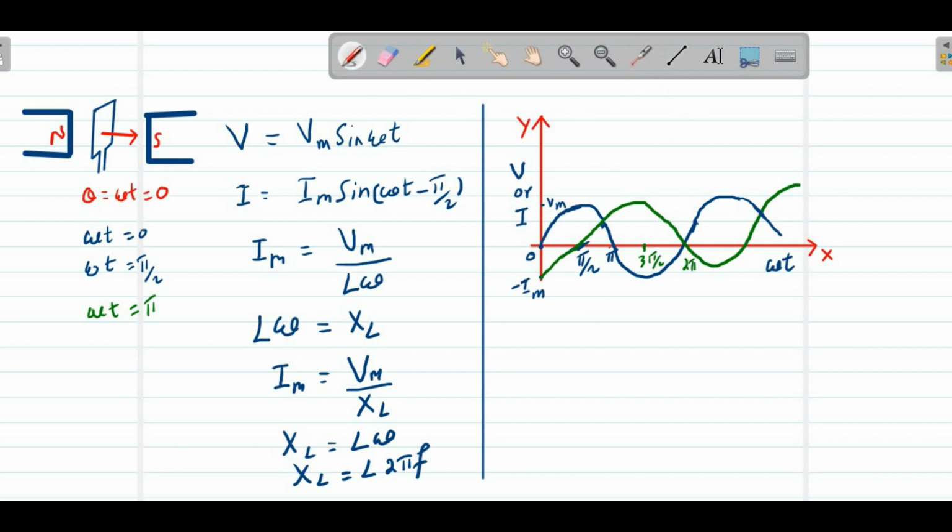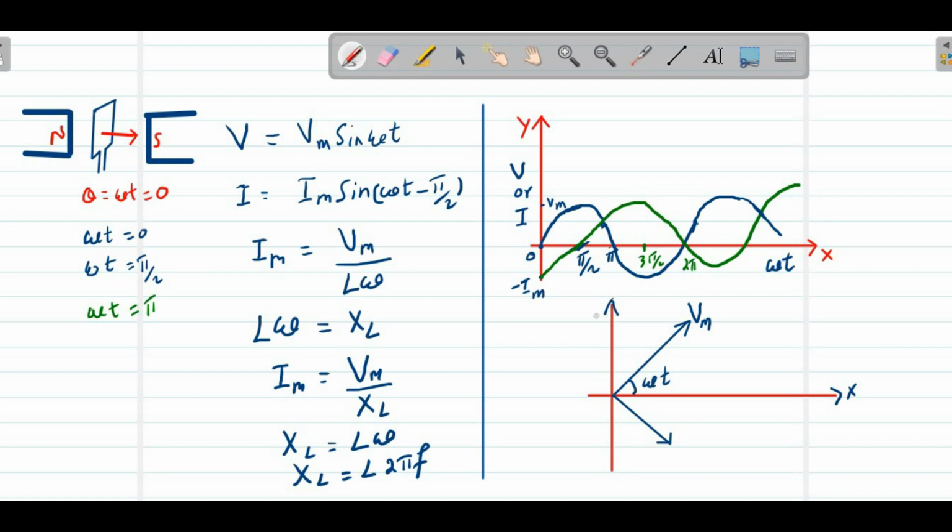Now in the same way, when we draw the phasor diagram for this variation of voltage and current. Here I am taking the voltage phasor. This is the phasor of voltage. This represents the peak value of voltage, and current is 90 degrees behind that this way. It is at an angle omega t, the phase angle with the x-axis.